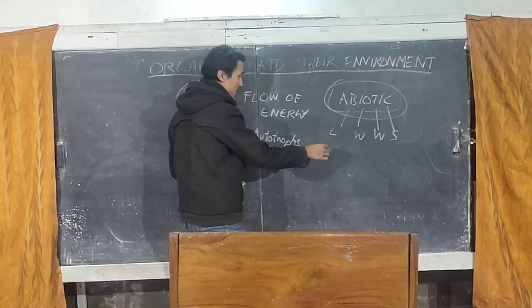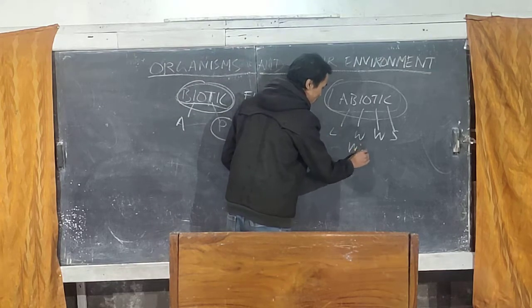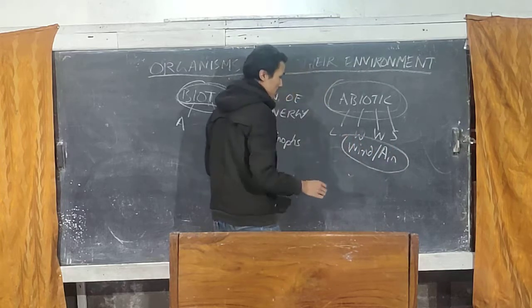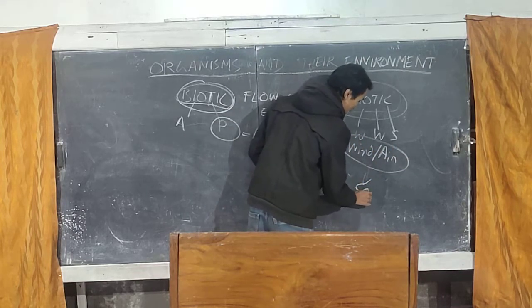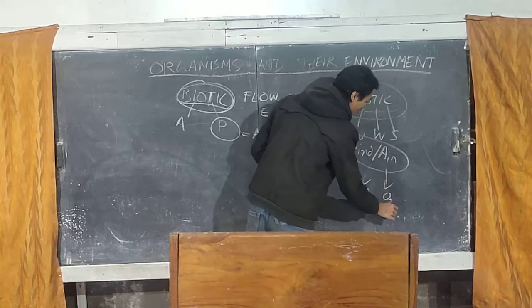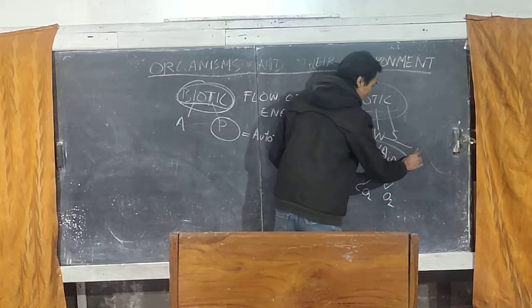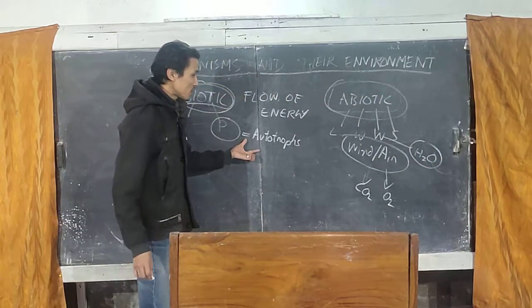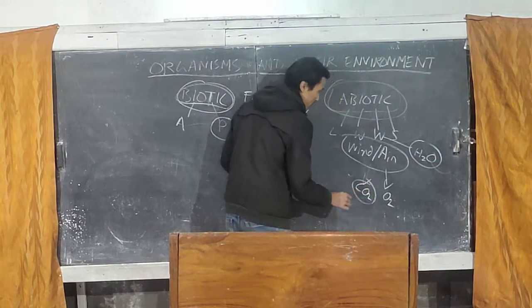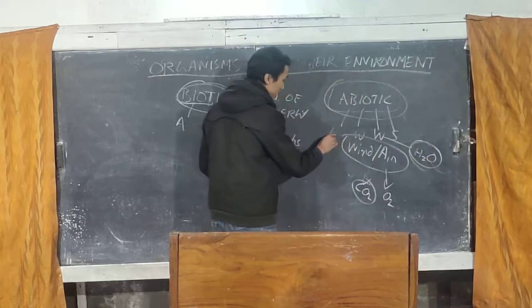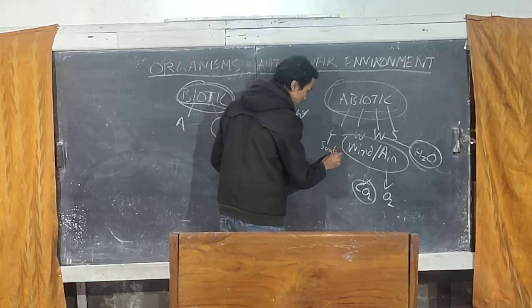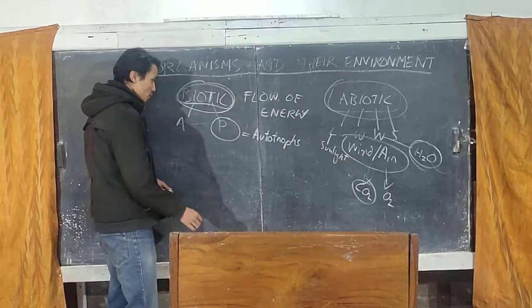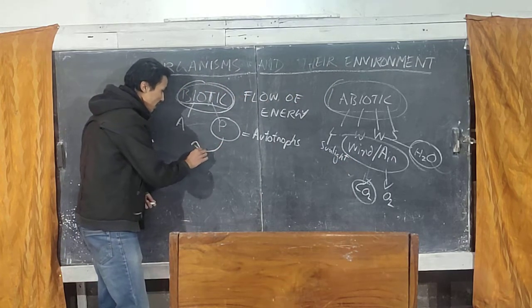The abiotic factors, when we talk about wind or air, are the parts that provide carbon dioxide and oxygen, and water. Autotrophs use carbon dioxide, water and light, that is sunlight, to produce food.